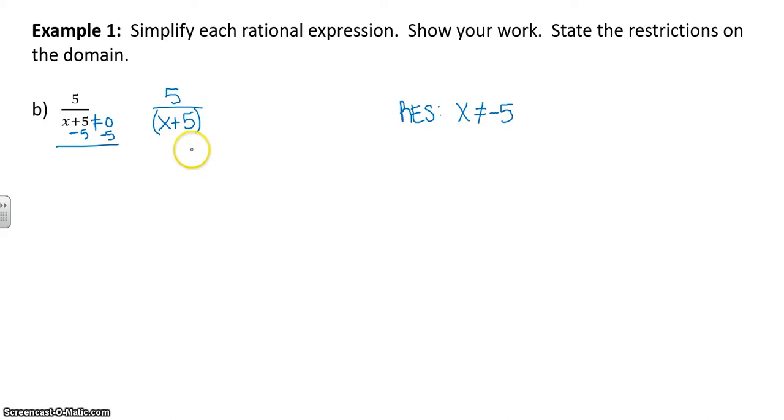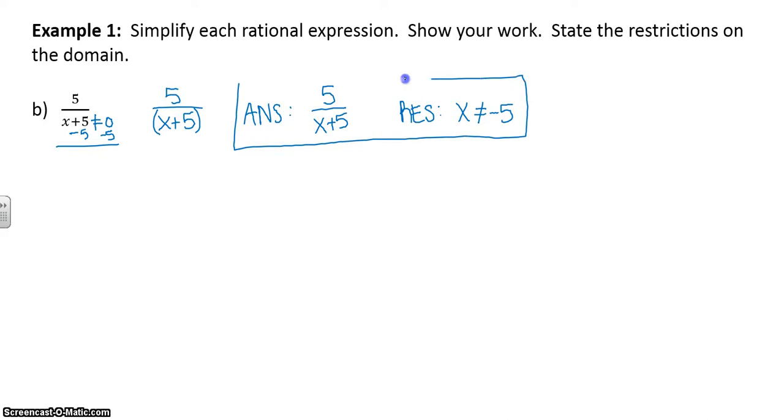So go ahead and put the parentheses around them to make it known. Then realize you can't cancel this outside 5 with this inside 5. So this is actually your final answer because you cannot go any further than that. And you're done. Okay? Alright, so that's if you have a single fraction, that's how you simplify it.